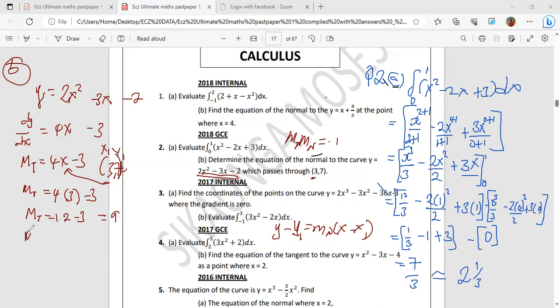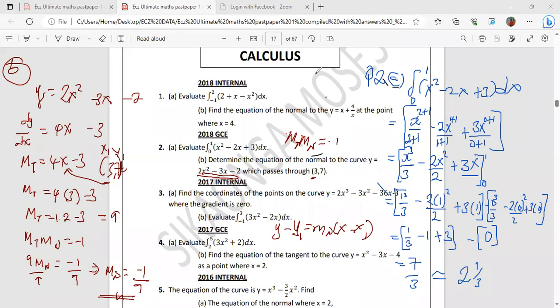So after that, we're going to say m t times m n is equal to negative 1. So this is going to be 9 multiplying m n over 9, so our m n is 1 over -9.